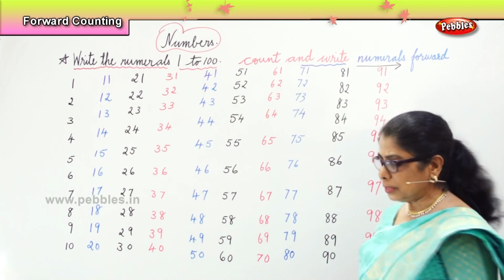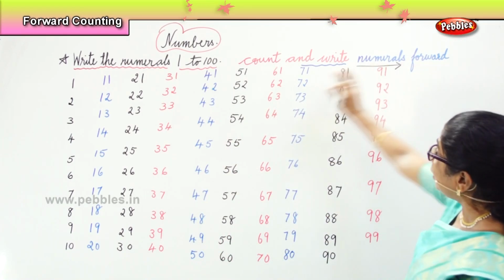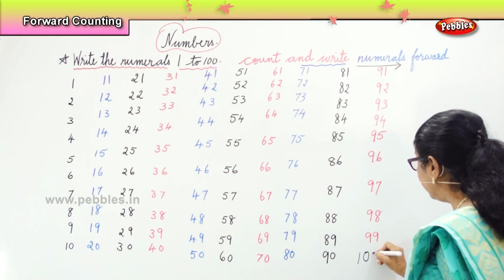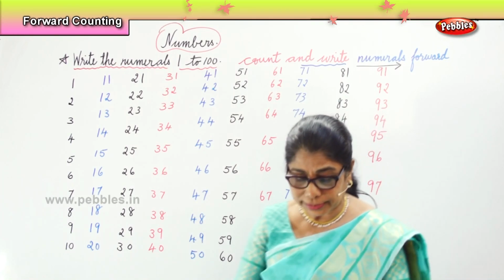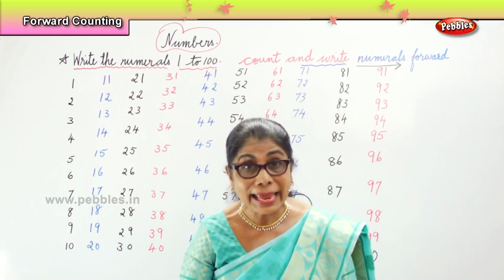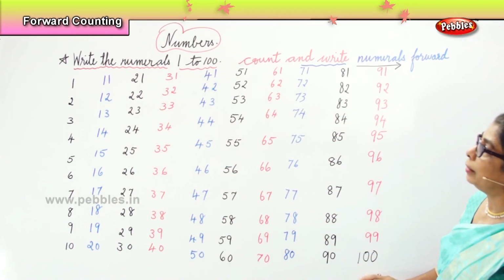So we counted up to 99. And what is the last numeral? 100. What did we do just now? We counted, we said, we wrote numbers 1 to 100.